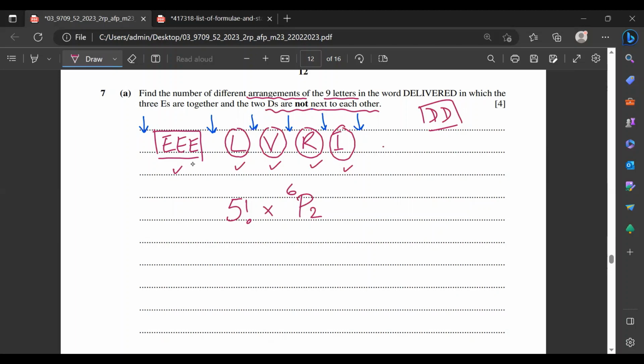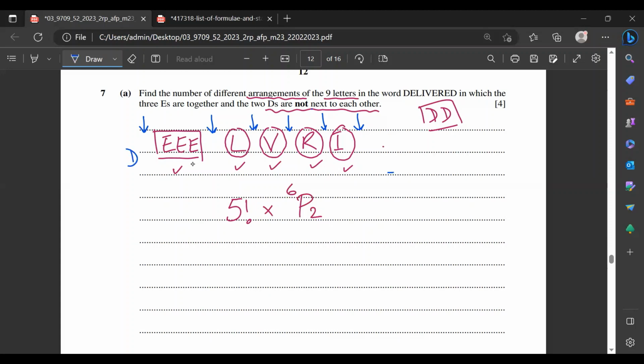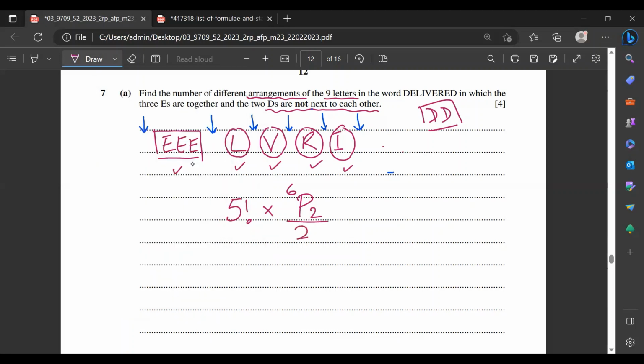Now, if the things we want to separate are identical, we cannot just leave the answer here. If one D is in the start position and the other D is in the last position, and we swap the two D's, we get the same arrangement. To avoid repetition in counting, we divide by 2 factorial.